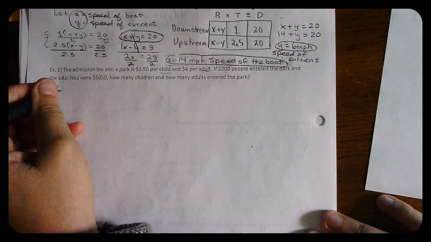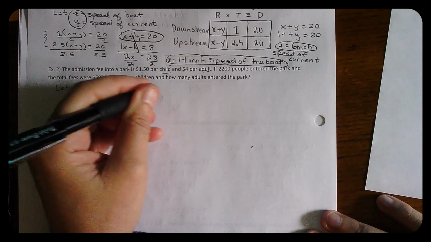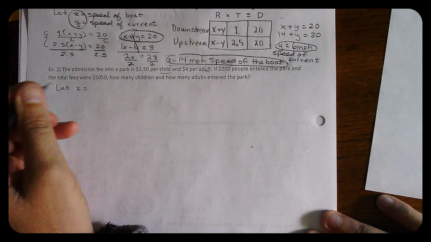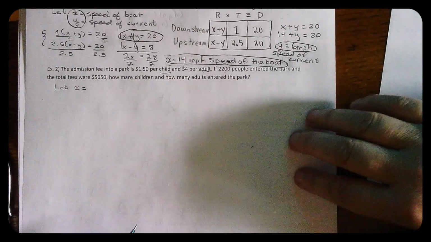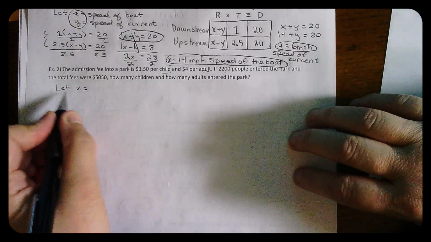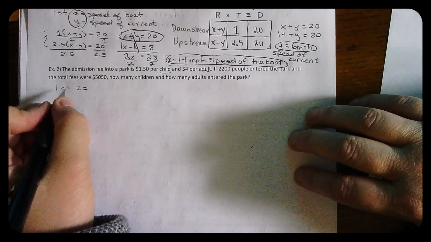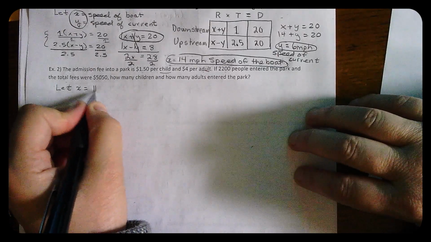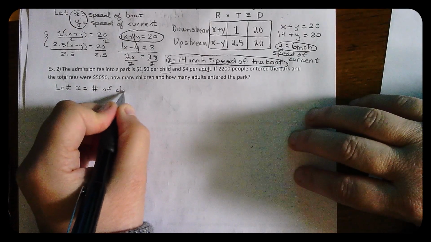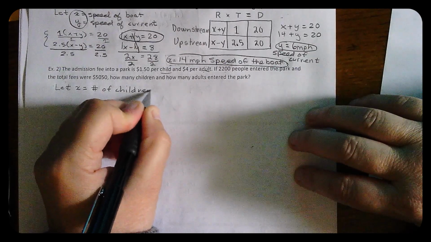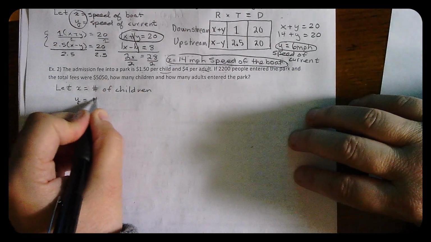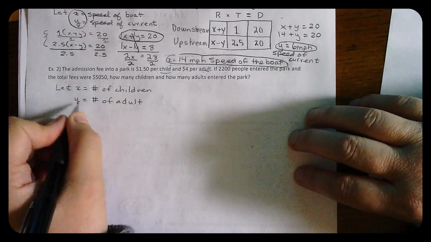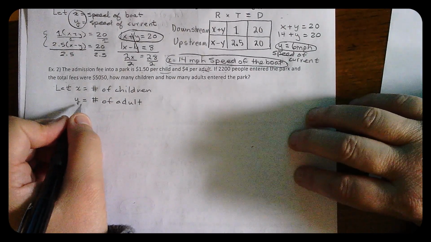So we're going to use the question that we're given. The question's not always given, but it might be below, part B or something. But I like to use the question, and it says, how many children? So x is the number of children, and y is going to be the number of adults. And so then, you've got two different variables, so you need two equations.